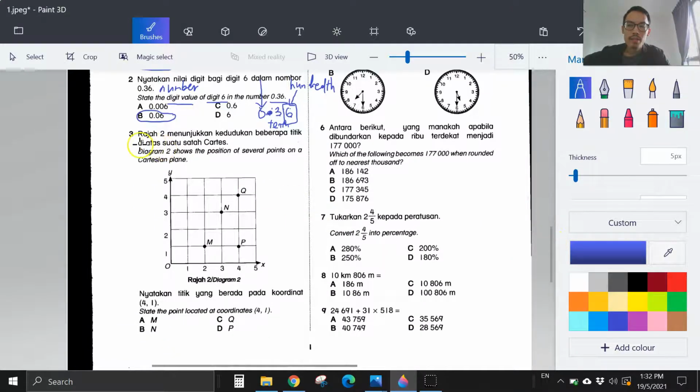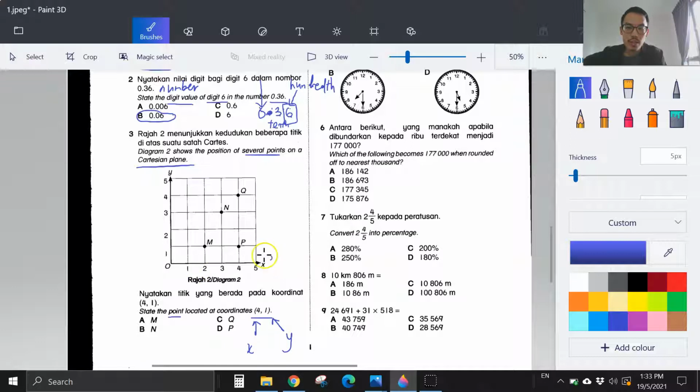Number 3, the diagram shows the position of several points on the Cartesian plane. State the point located at coordinates 4, 1. When it comes to coordinates, the number on your left is the x-axis and the number on your right is the y-axis.